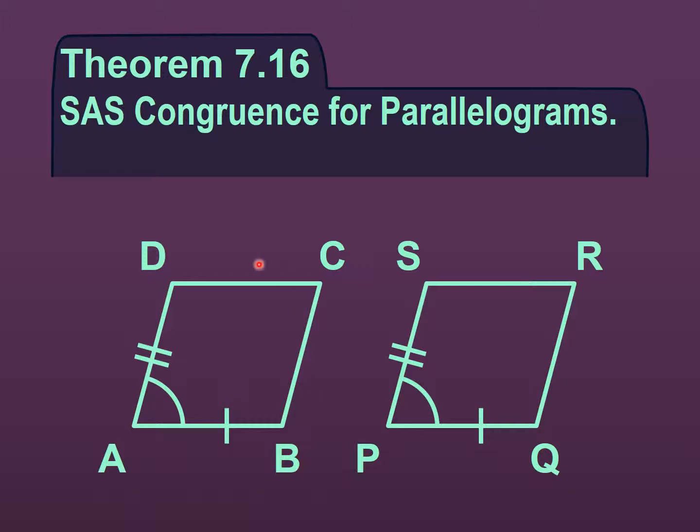So you could say that parallelogram DABC is congruent to parallelogram SPQR, and the reason would be side, angle, side. So that's how you can prove if two parallelograms are congruent to each other. And the reason why is because they have this identical side there.